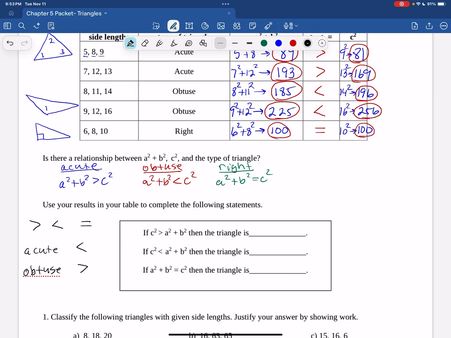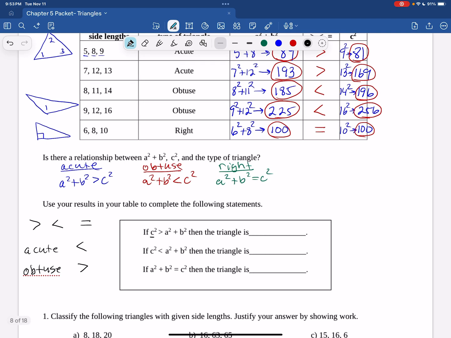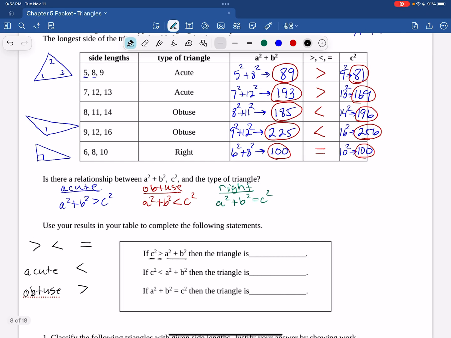And so we're going to look at when c squared is greater than a squared plus b squared. So when is c squared greater than a squared plus b squared? If we look back up here in our chart, c squared is greater for the obtuse triangles, and c squared is less for the acute triangles.